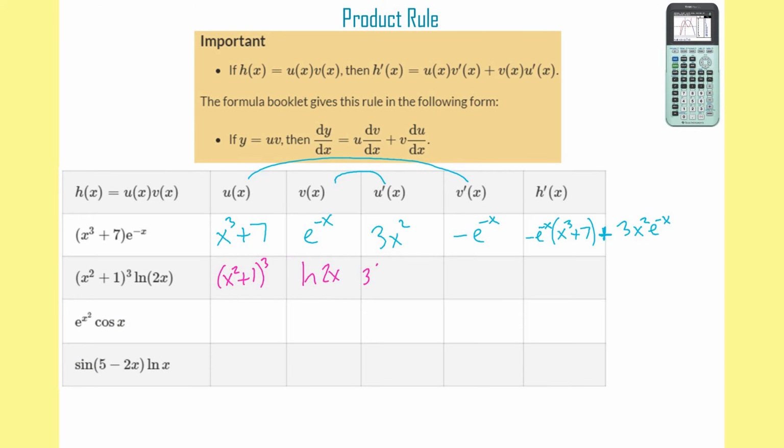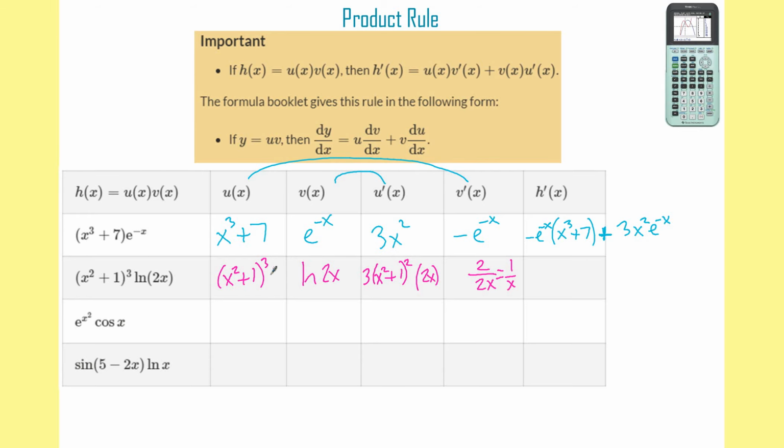So 3 times x squared plus 1 squared, and then the derivative of the inside is just 2x. The derivative of natural log of 2x is 2 over 2x, so just 1 over x.